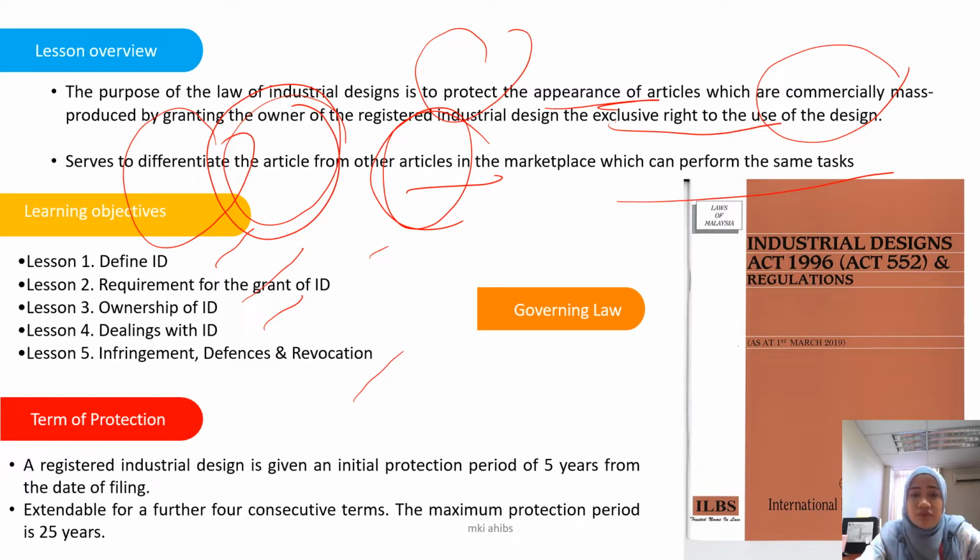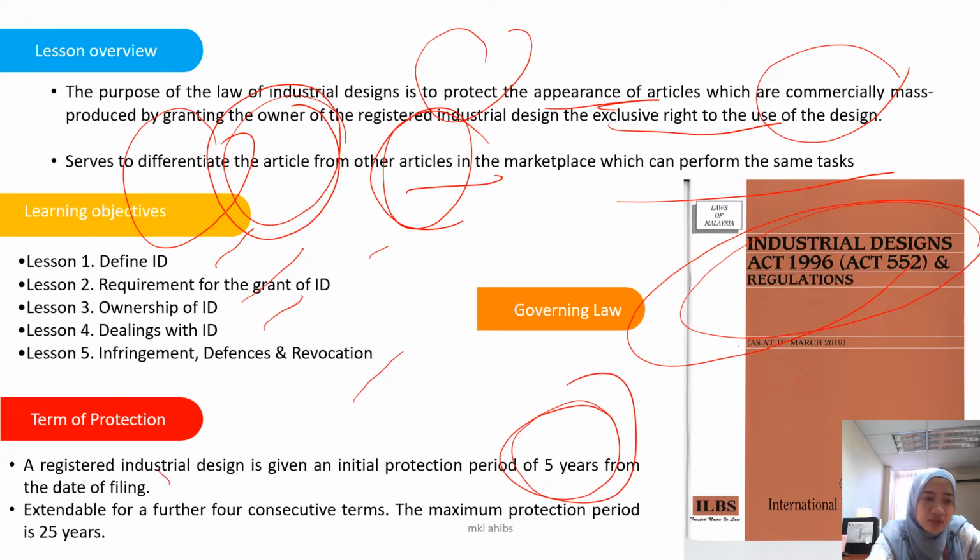The governing law for industrial design is the Industrial Design Act 1996 as well as its regulations. The term of protection for the ID is a period of 5 years from the date of filing, and you may renew it for 4 consecutive terms. Meaning, the term of protection for the ID is actually 25 years, but you have to renew it every 5 years.